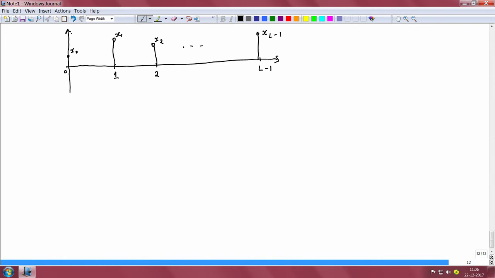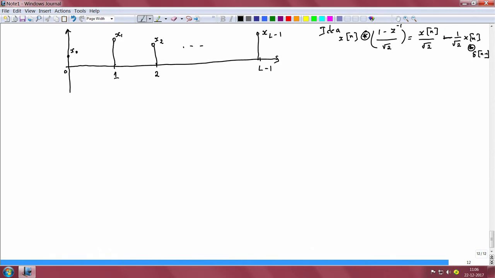Now, the idea is as follows. Essentially x of n circularly convolved with 1 minus z power minus 1 by root 2 is nothing but x of n by root 2 plus minus 1 by root 2 times x of n circularly convolved with delta of n minus 1.